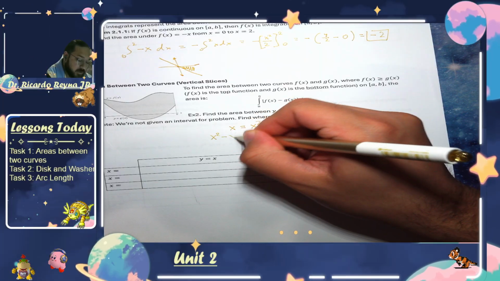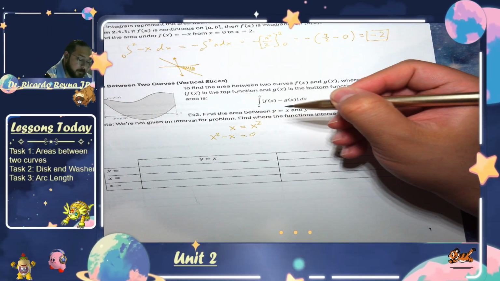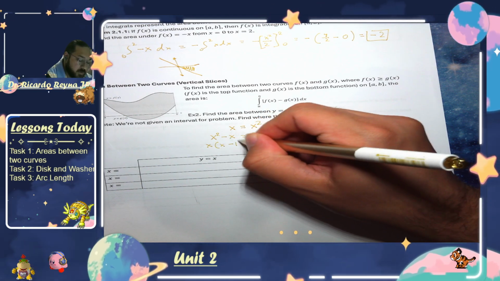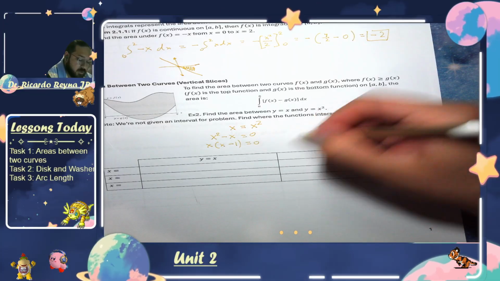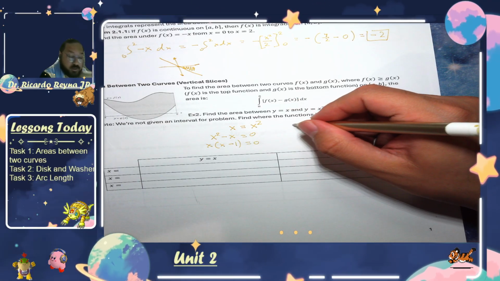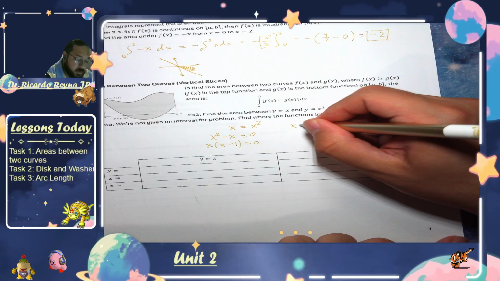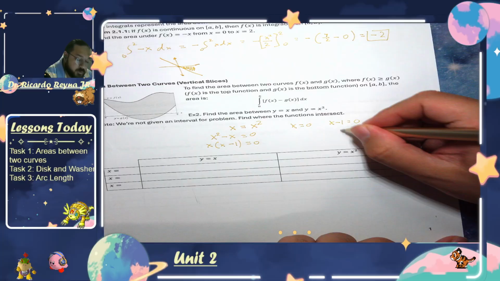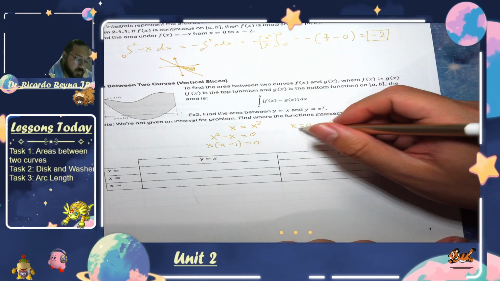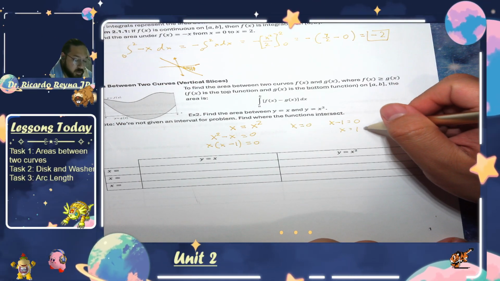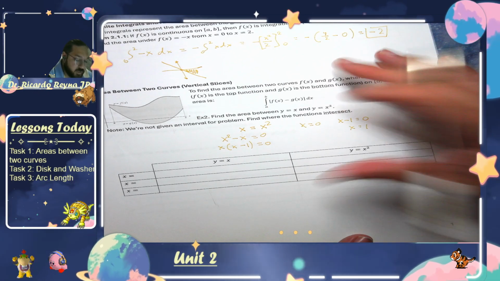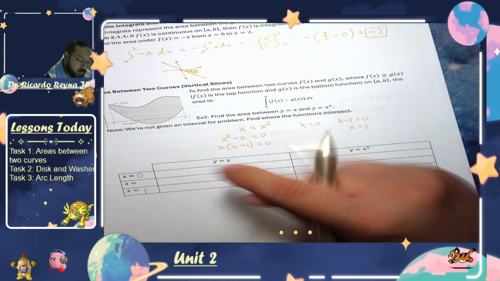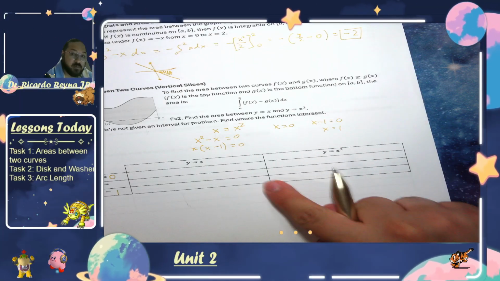So I'm going to subtract x. And then from here, I factor out x, and I get x times x minus 1. Then I can split these up using the zero product property. We get x is equal to 0, and x minus 1 is equal to 0, which means that x is equal to 1. So it's both the case when x is 0 and x is 1 that they'll have that intersection. So we know that at 0 and 1, these functions should have the same value.